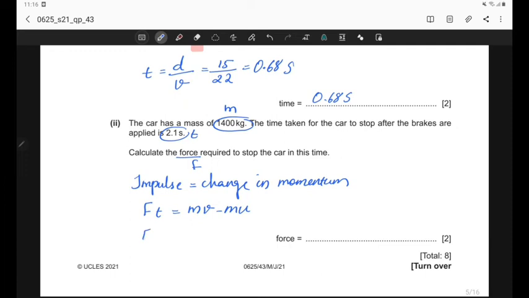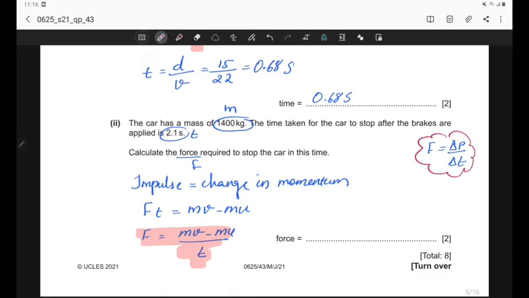From this we can get force is equal to mv minus mu over t, or you can use this equation directly, that is force is rate of change of momentum. If you use this equation directly also, you can score the mark.